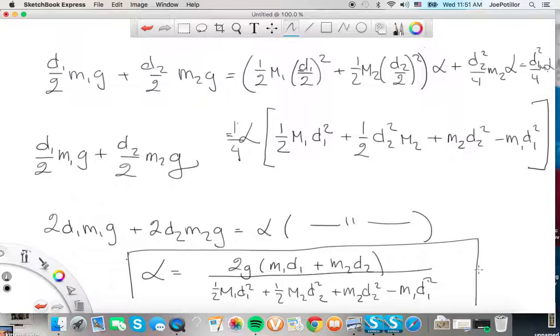So the answer to number 59 in the back is 3.5 radians per second squared, which you will get, I promise you, alpha equals 3.5 radians per second squared after you plug it in. But that's the setup algebraically, because that's what you guys were telling me you were having trouble with. So I'll have that set up for you.